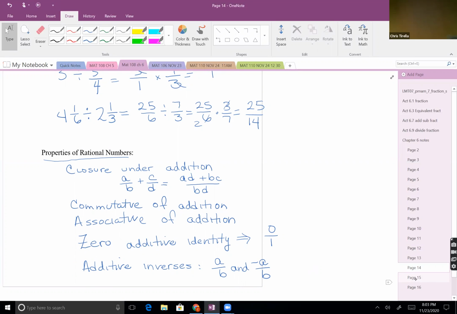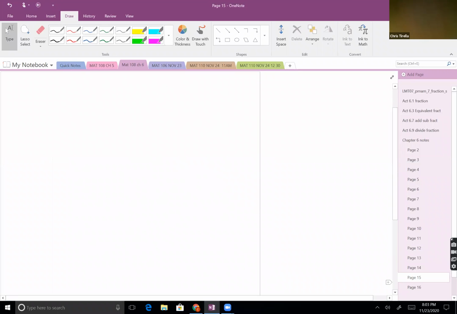Then we can define subtraction also as adding the inverse, which was one of our integer properties.